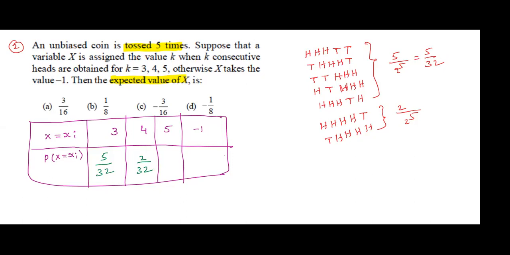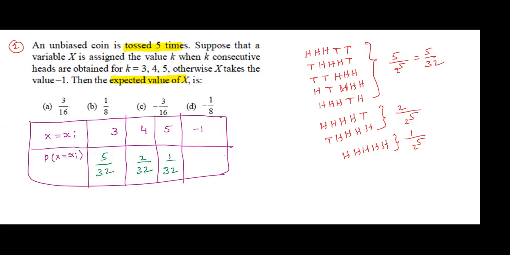If 5 heads consecutively, 1, 2, 3, 4, 5, it is possible only one time. Total possible cases 2 power 5. That means probability of getting 5 consecutive heads is 1 by 32.